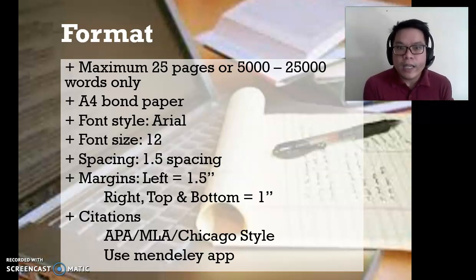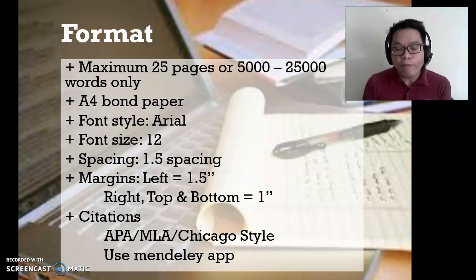The left margin will be 1.5 inch, and the right, top and bottom margins should be 1 inch. And then you always have to use APA citation style or APA 6th edition style.